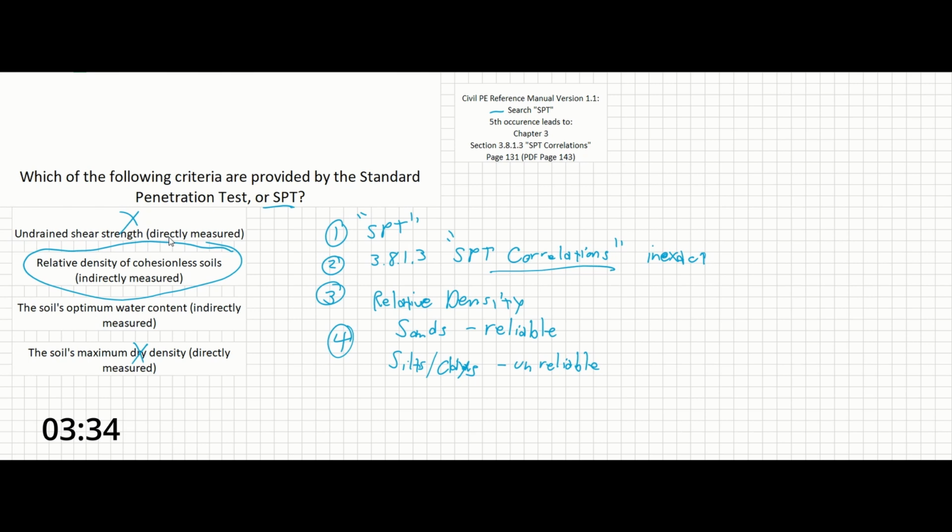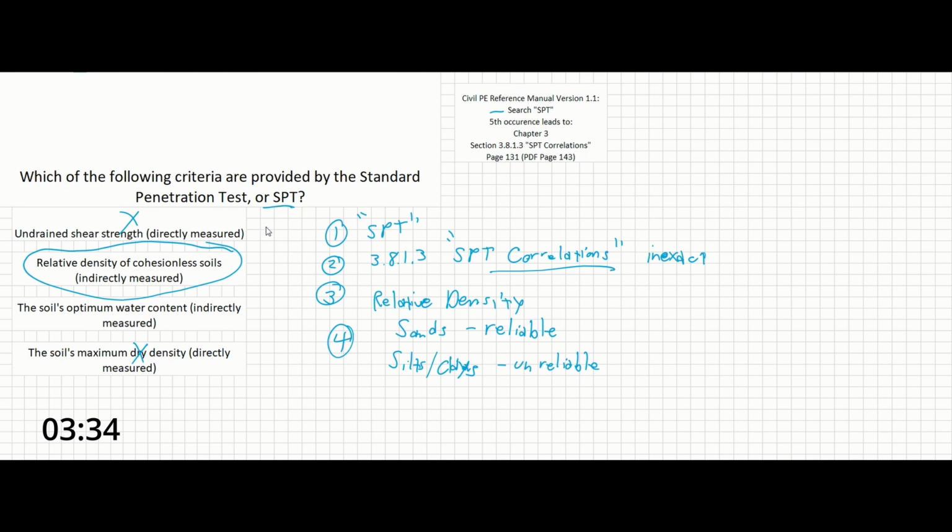So this is one way in which you can try to solve for the answer in a conceptual problem, even if you're not very strong in the particular subject matter, in this case, geotech. We were able to look at the word correlation for a hint, which we found after searching for the exact term that the question was asking about, or in this case, the type of test.